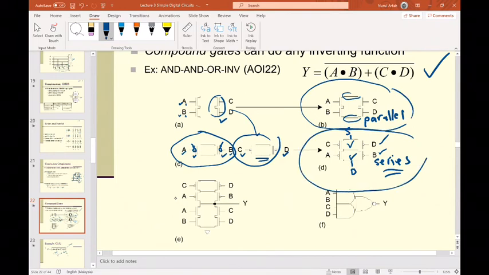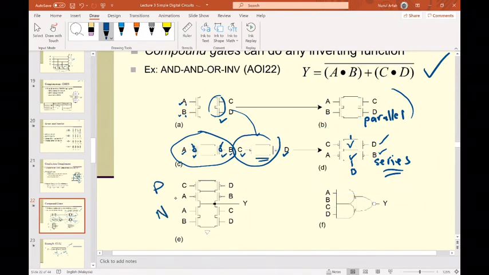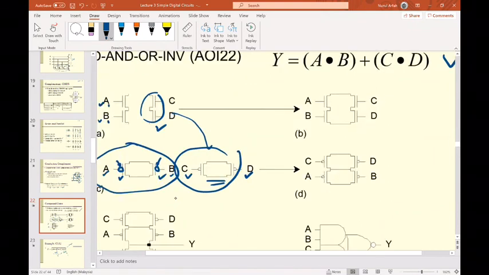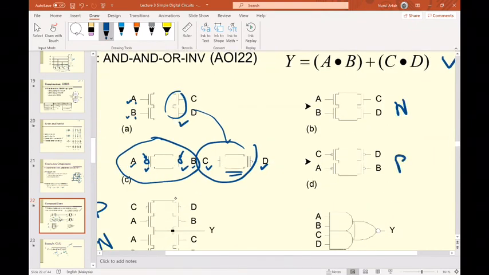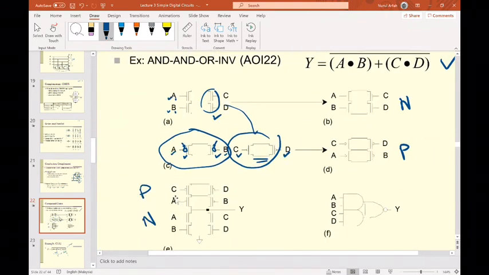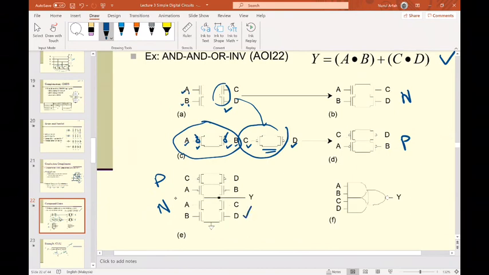So if this is a PMOS and this is an NMOS, you just combine. I just remove this. You have this NMOS, and this is PMOS. So the NMOS should be down here, and the PMOS should be up here.